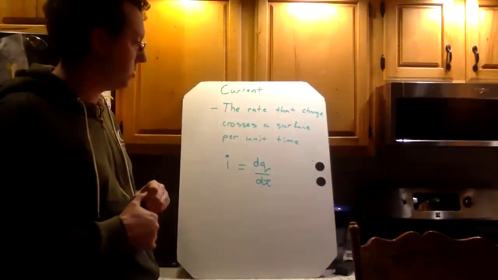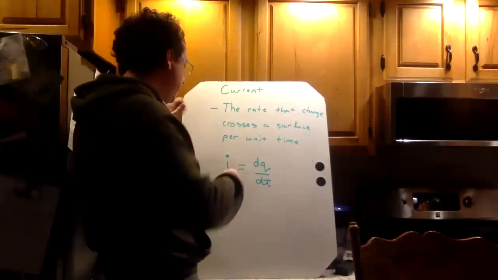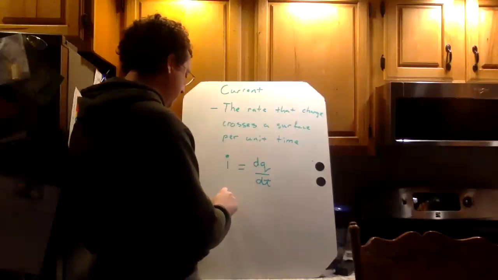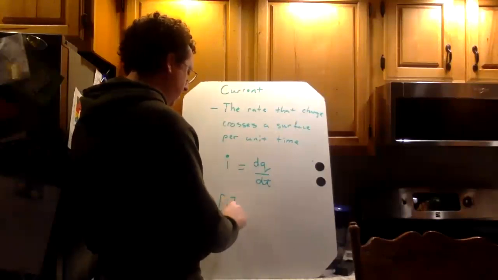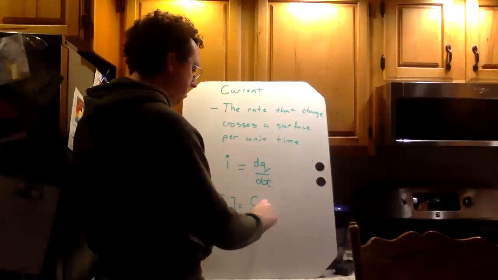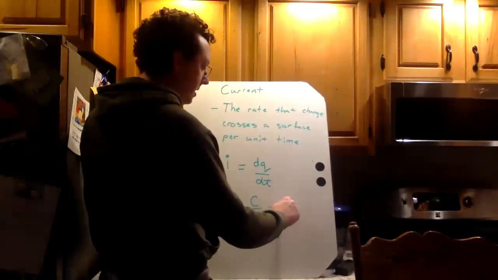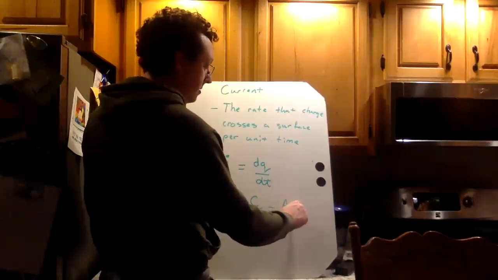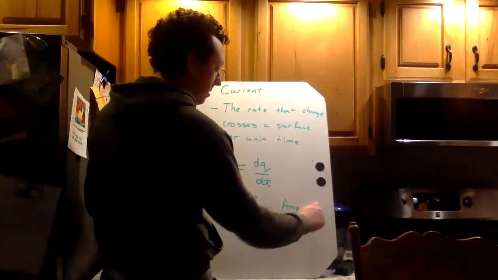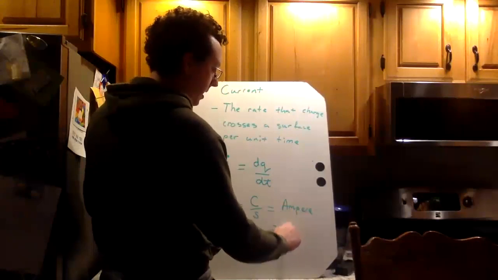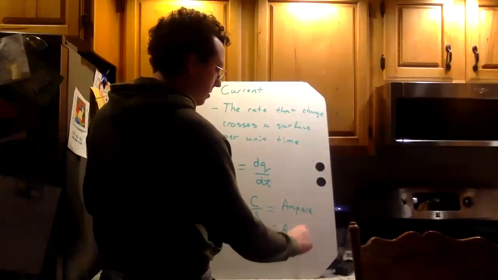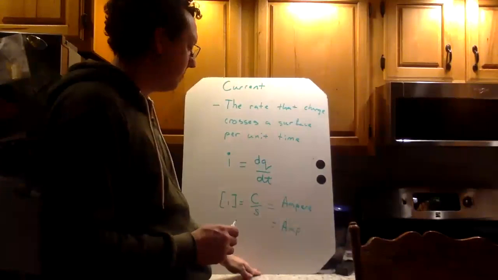So current is charge per unit time, which immediately tells us that in SI units, current should be coulombs per second. The name given to that is an amp, or actually an ampere, but we just say an amp. So 1 amp is 1 coulomb per second.